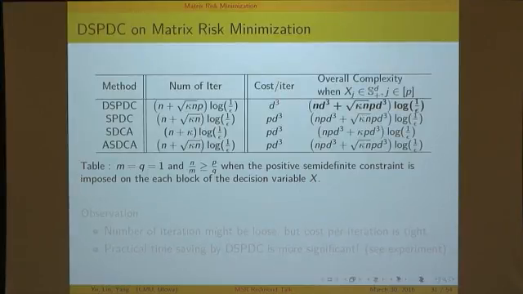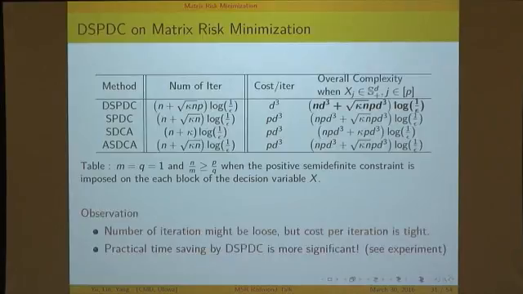But the cost per iteration is concrete, which means that for each iteration, the SPDC indeed saves P times computation. So the practical time saving by the SPDC is more significant, and we will see it in the experiment.